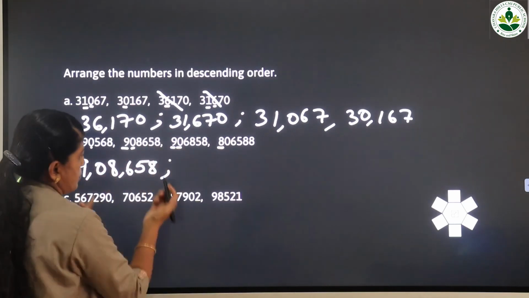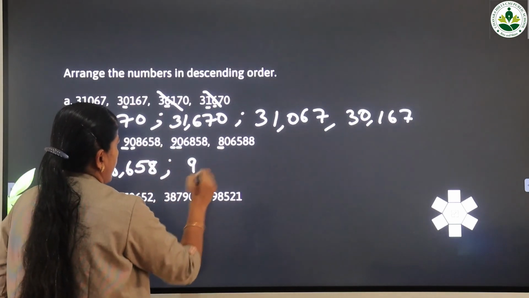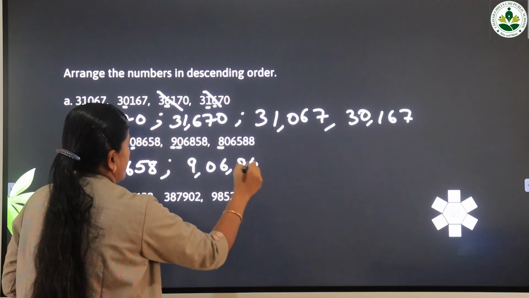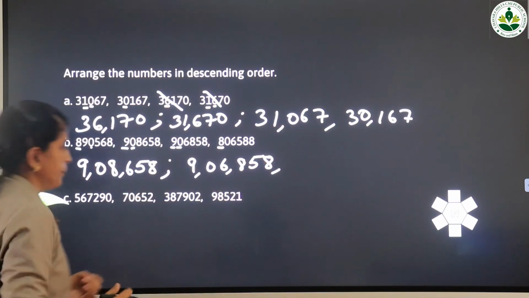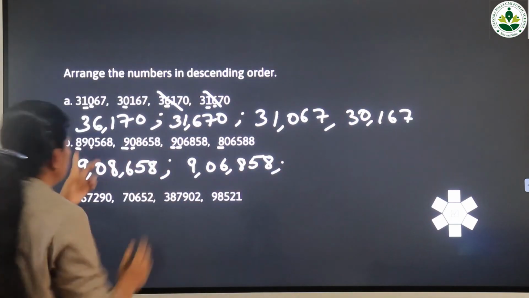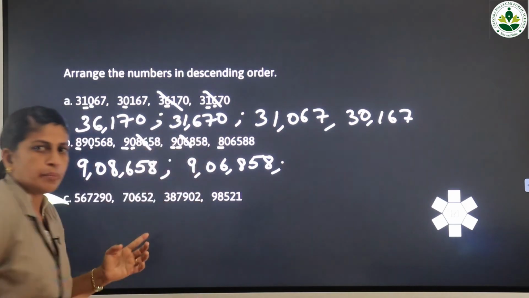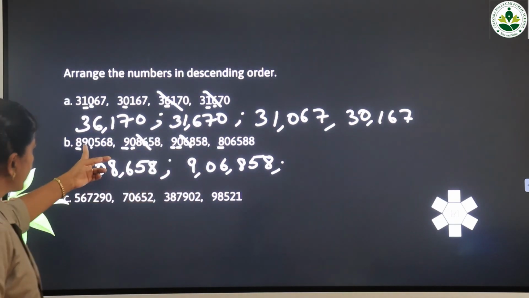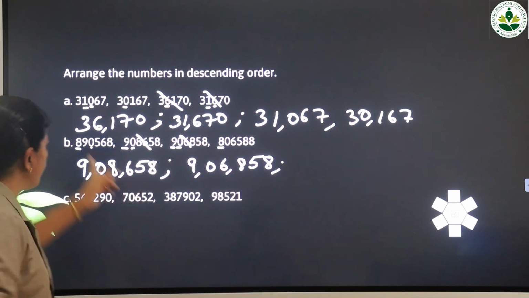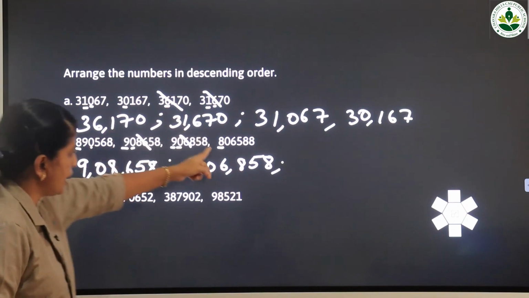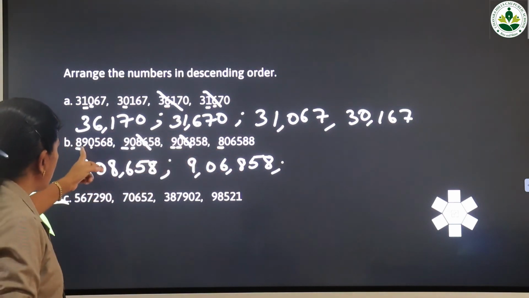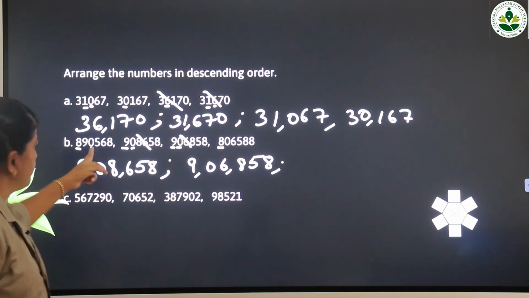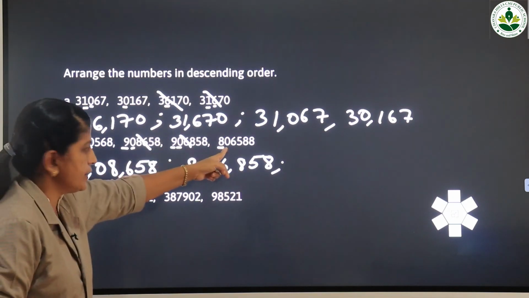Then the next bigger number will be this one, 9,06,858. Okay. We have written already these two numbers. Then next 2 numbers are remaining. For that numbers, both the numbers have 8 in the first place. Therefore, compare the second digit. 9 in this number and 0 in this number.